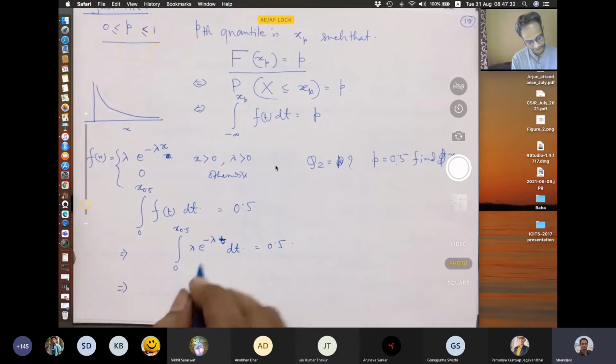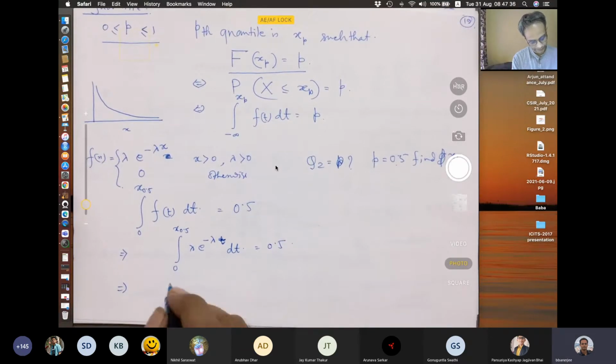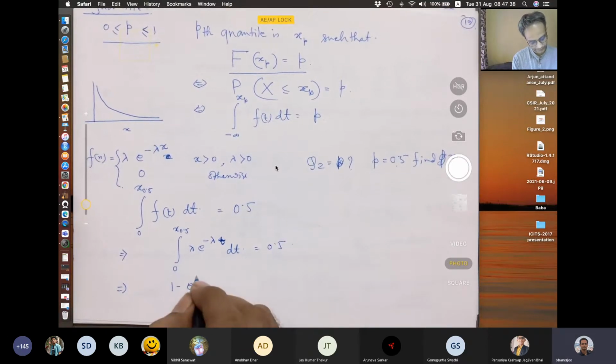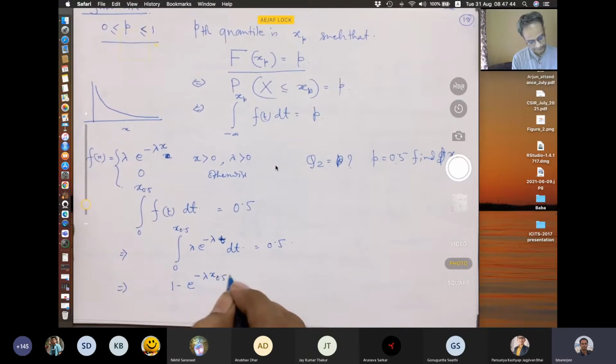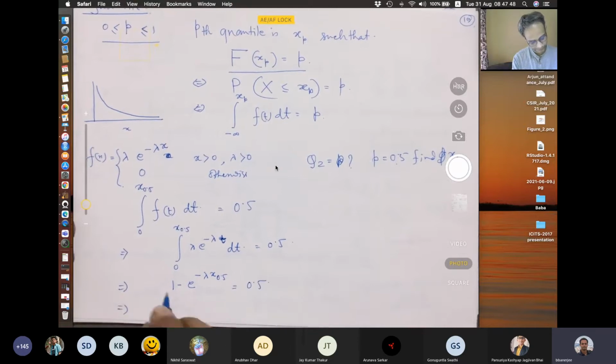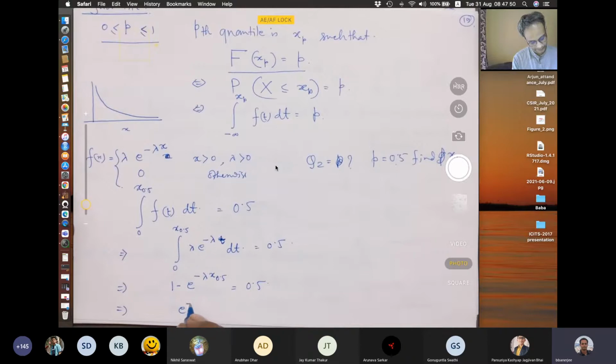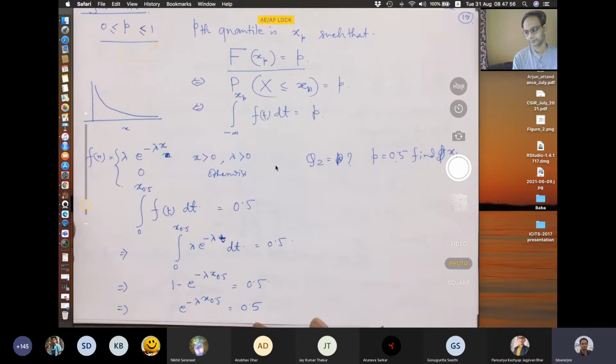As a consequence, what you will get: 1 minus e to the power minus lambda x_0.5 equals 0.5. Now e to the power minus lambda x_0.5 equals 0.5. From here you have to solve.